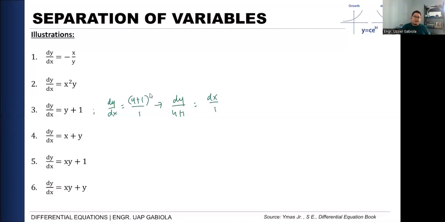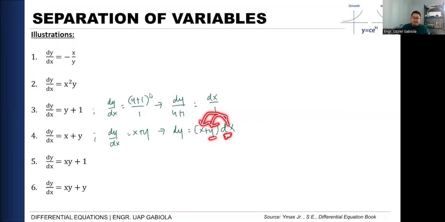So, pag mga ganyan nakita nyo agad yung function, try nyo agad siyang i-perform ng algebra. And dito, makikita natin dy over dx is equals to x plus y. Pag cross multiply ko yung dx, this will be dy is equals to x plus y dx. So, nakamultiply si dx dito. So, ibig sabihin, pag dinistribute ko pa dito, laging magkakameron siya ng kasama na y, si dx. And kailangan nga hindi magkasama yung dalawang magkaibang variable.